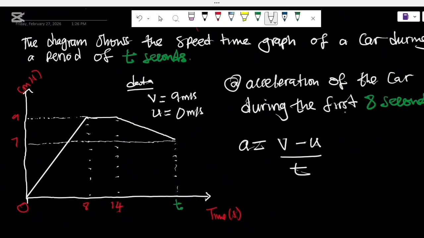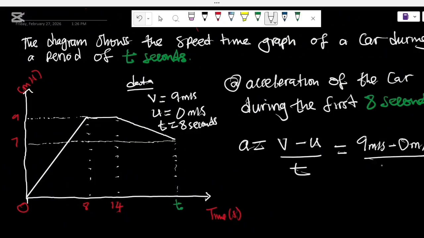Notice that it is talking about the acceleration during the first 8 seconds, so that is the time that we have. The time is 8 seconds. So we can go ahead and find the acceleration. The final velocity is 9 meters per second, the initial velocity is 0 meters per second, and the time is 8 seconds.